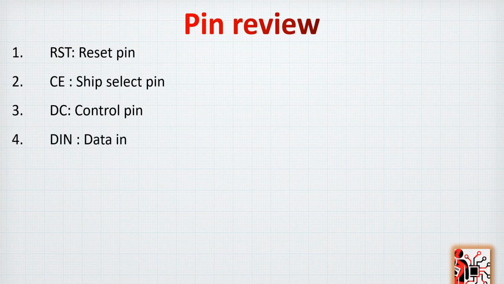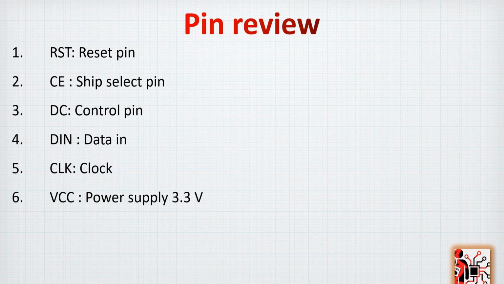The next one is data in, and this is the one that will be connected with the master output pin from the STM32F1. Then the clock, CLK, and VCC, the 3.3 volt power supply.